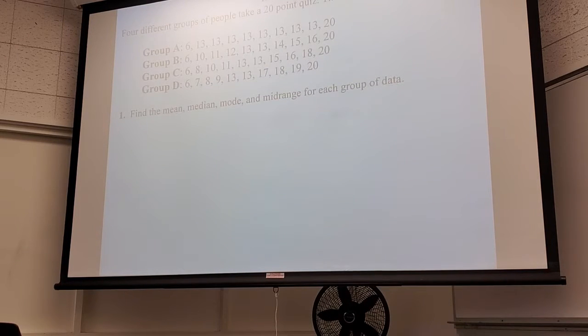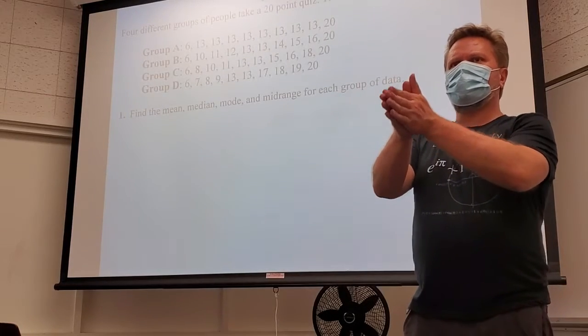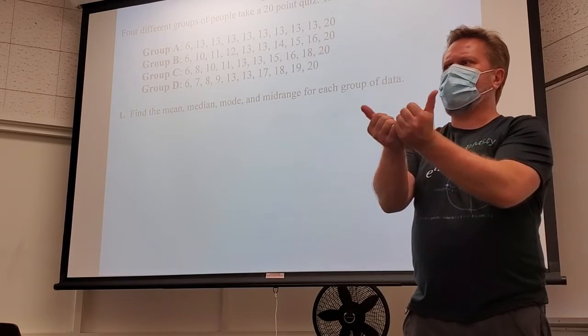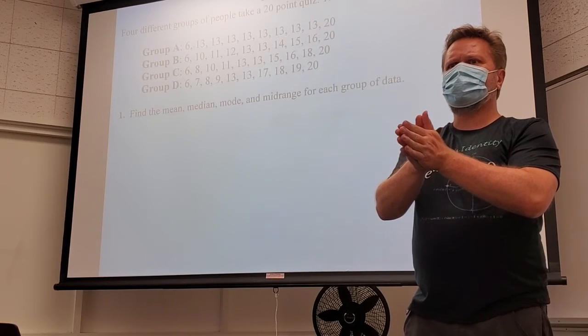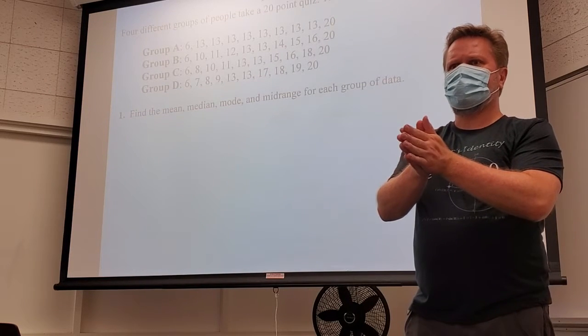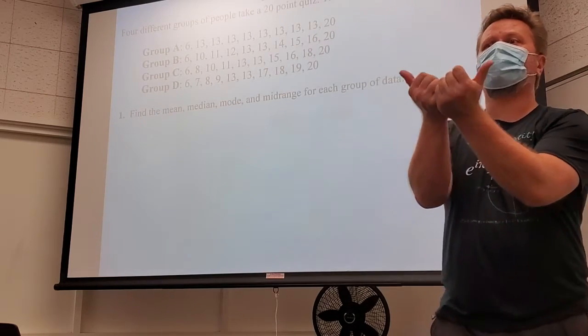What is true about the other ones that's not true about group D as much? What's the average for all of them? 13. Think of 13 as home. Which one has elements that get the hell away from home more? The numbers in group D are lower but also higher. Good, so they're further away.